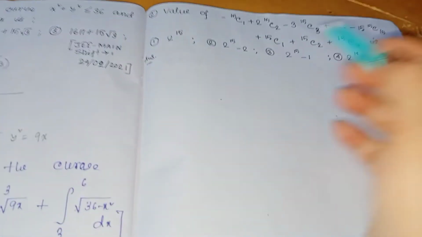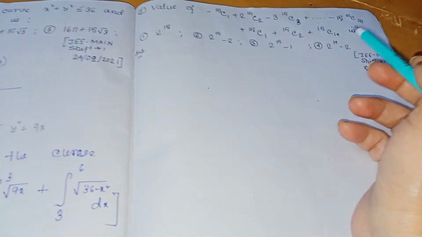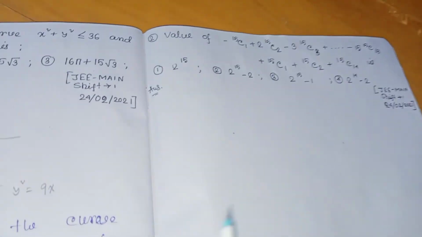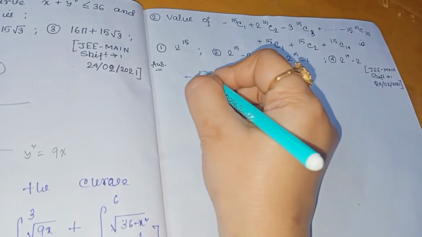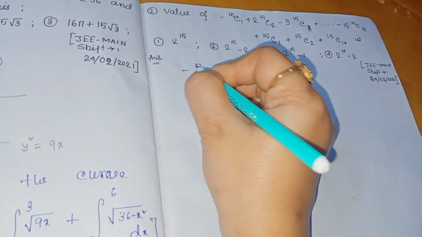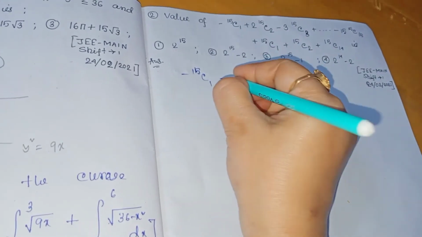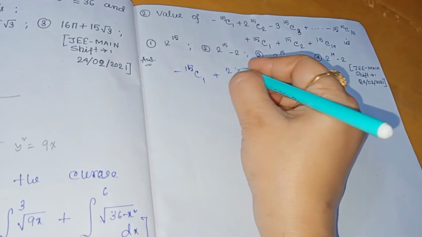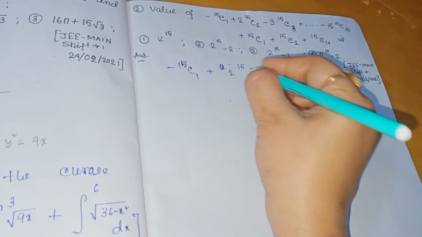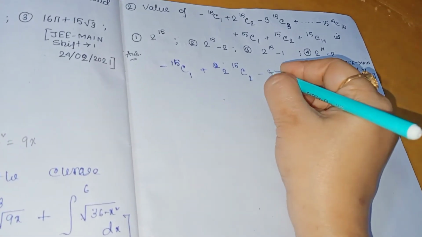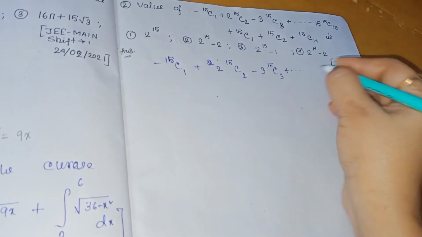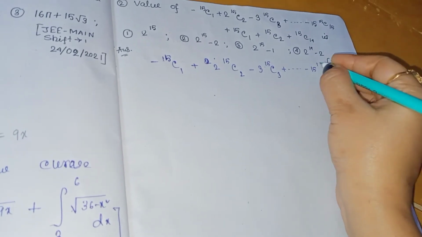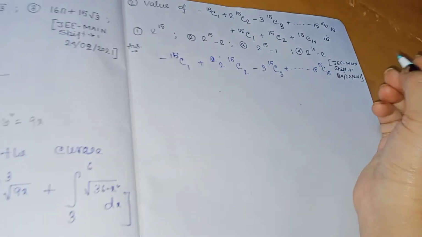The value of a series is given here. This is a question on binomial expansion. This is the given series: minus 15 C1 plus 2 times 15 C2 minus 3 15 C3 plus up to minus 15 C15.